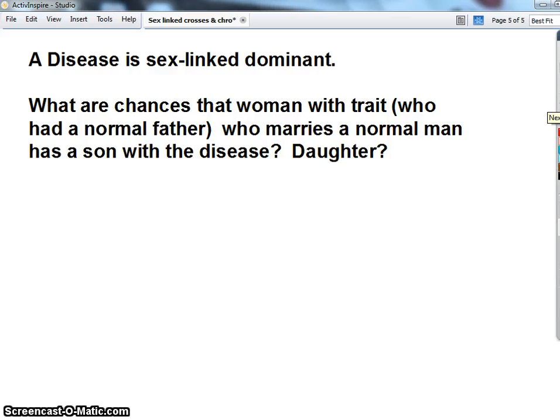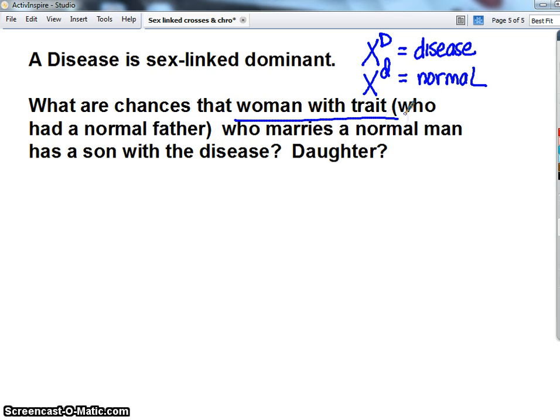All right, last question. This is one more sex-linked problem, but this time we're talking about a trait that's dominant. Your cross is going to pretty much look the same, but how you look at the phenotypes of the offspring is going to be different. If it's sex-linked dominant, we'll use X big D to represent the disease, and X little d to represent not having the disease. So here we have a woman that has the disease.